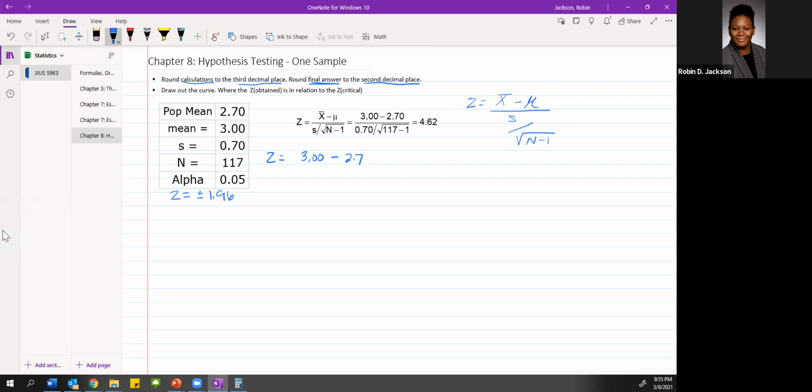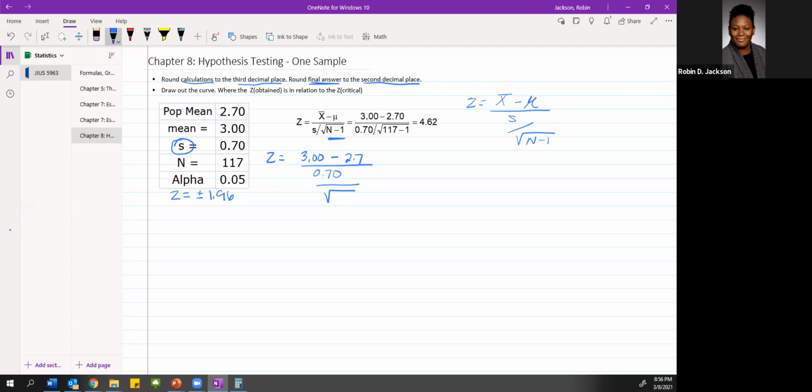All right, so the sample mean, which is 3, subtract the population mean. And we divide all of that by the sample standard deviation, which in this case is 0.70, which is then divided by the square root of, and because we have a sample standard deviation, this calculation differs.